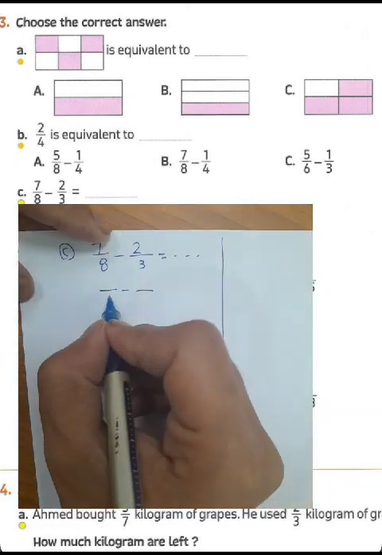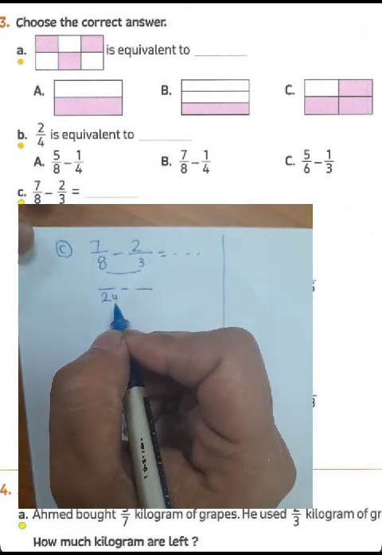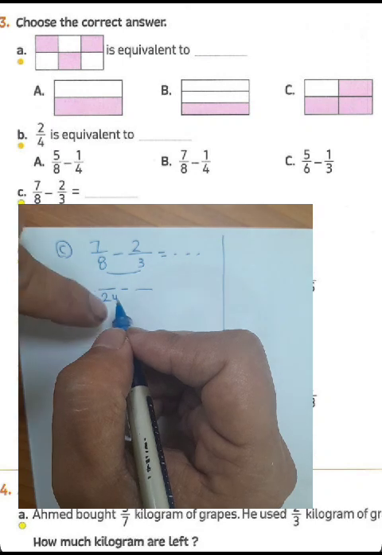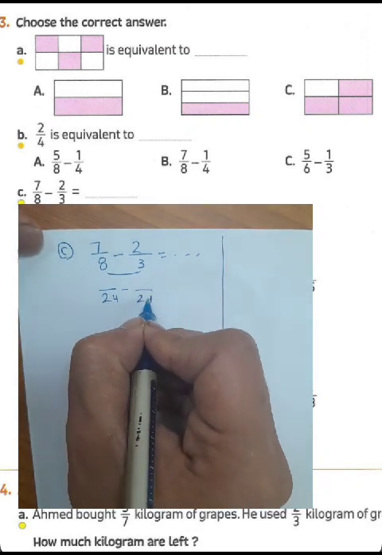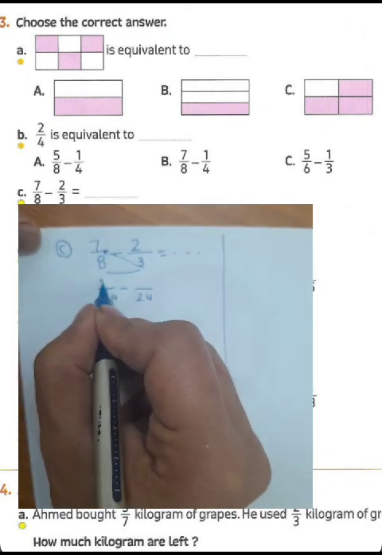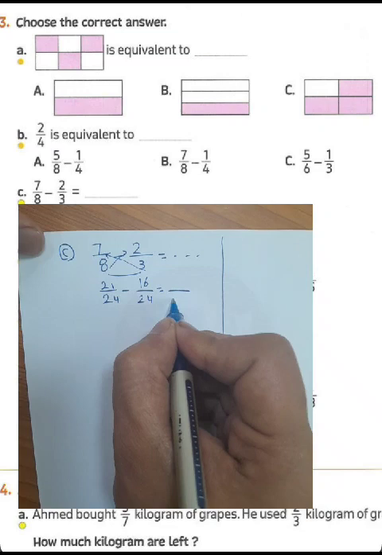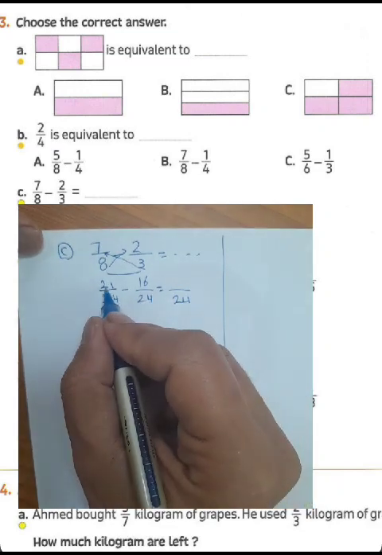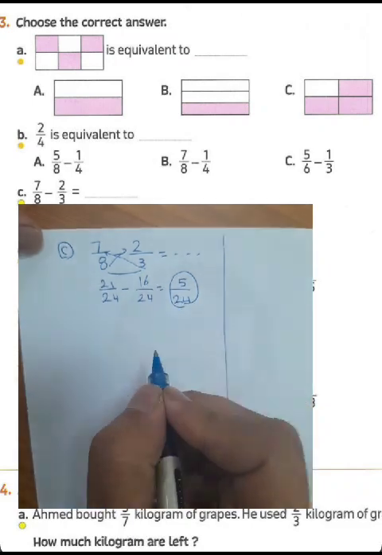It will be 24, their product, because 8 and 3 are relatively prime numbers. 3 times 8 equals 24, and 3 times 7 is 21. 2 times 8 equals 16. Then find the difference between them. 21 subtracted by 16 is 5. The result will be 5 over 24.